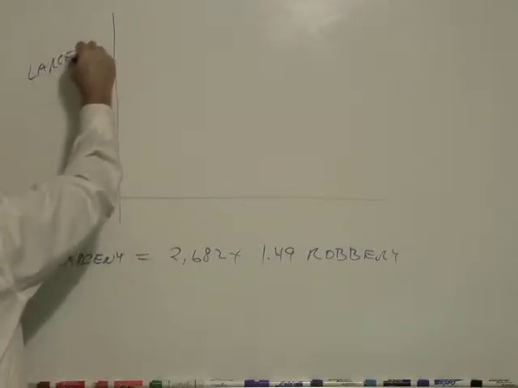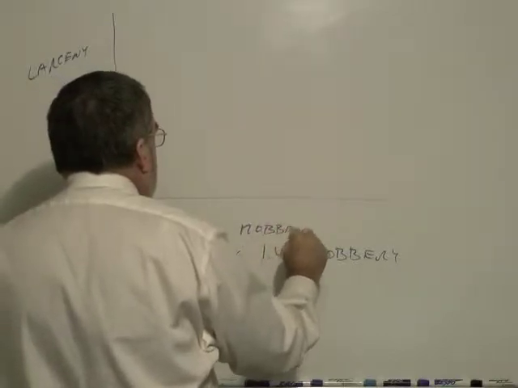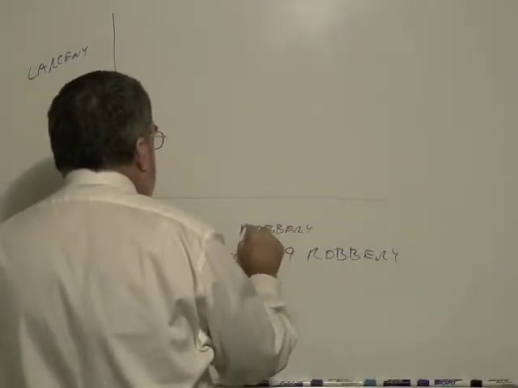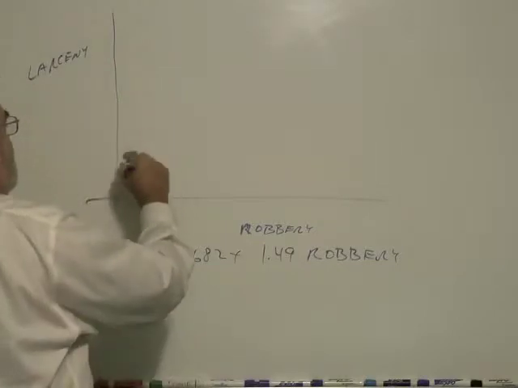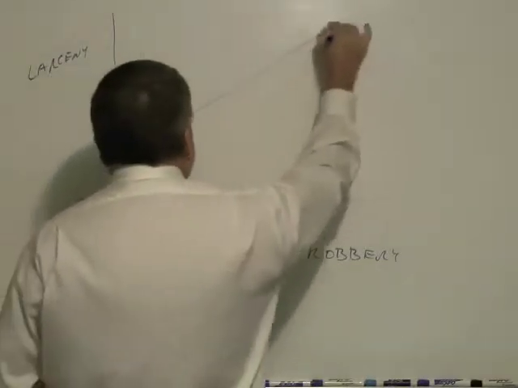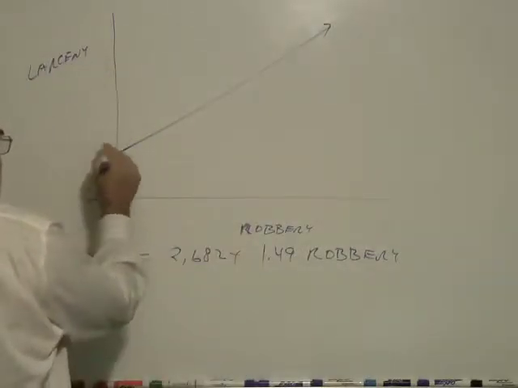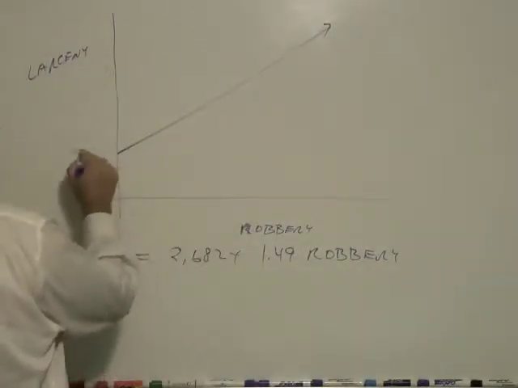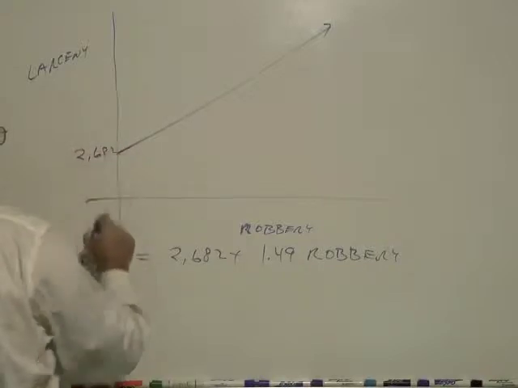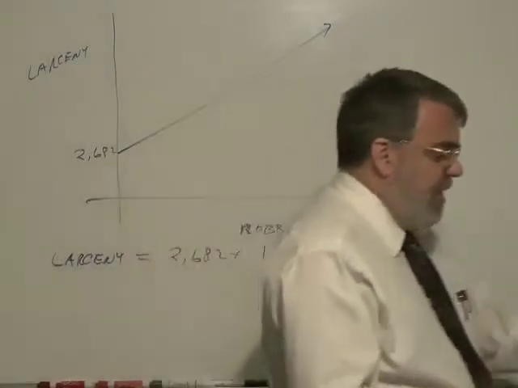It's the dependent variable, and we have robbery down here on the independent variable axis. And let me see, the regression line goes something like this. So in other words, the y-intercept is 2,682, and the slope is 1.49 times robbery.